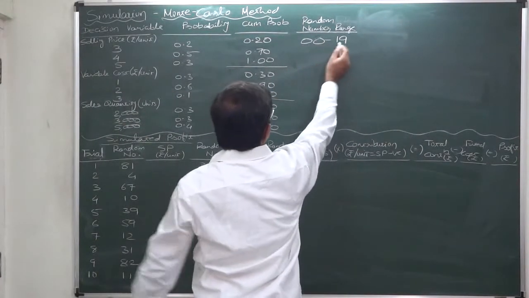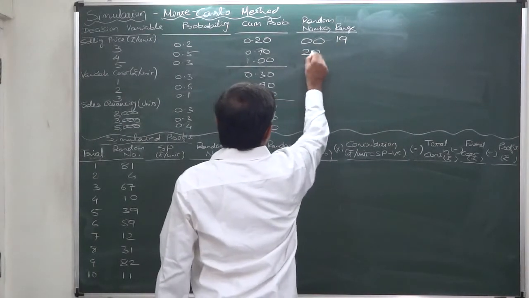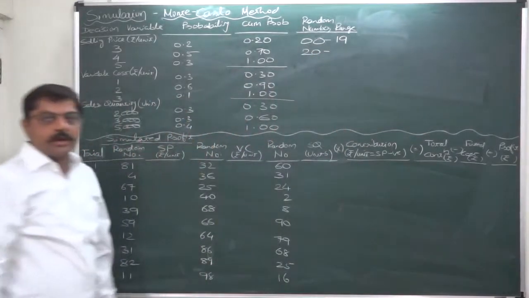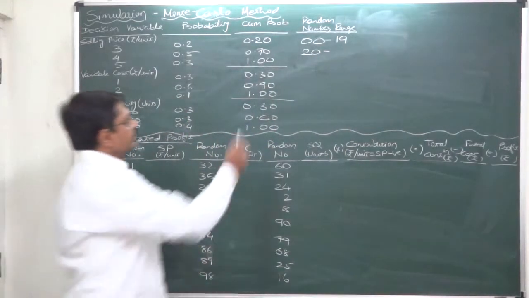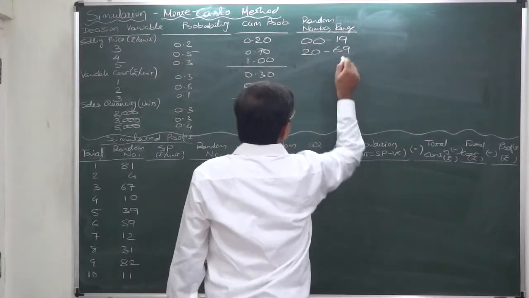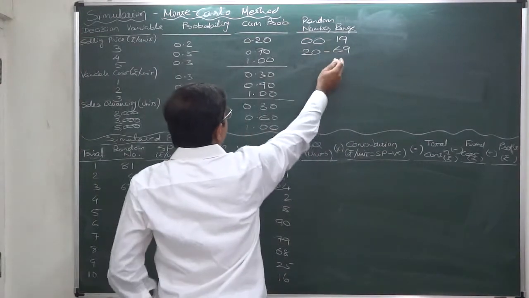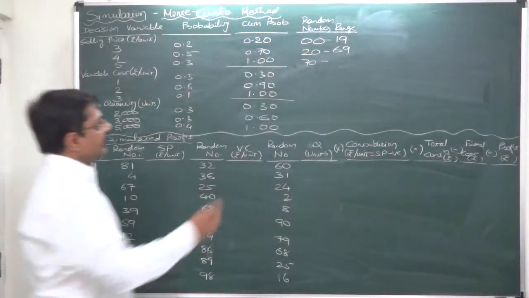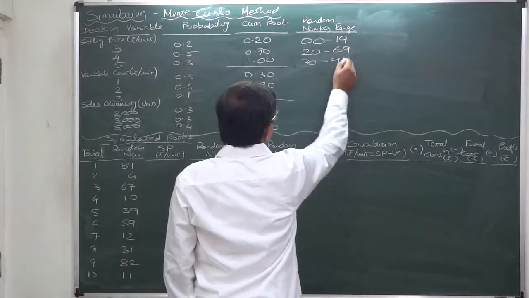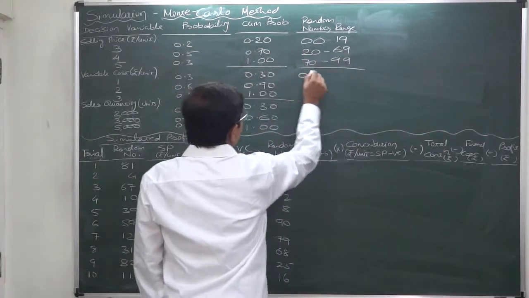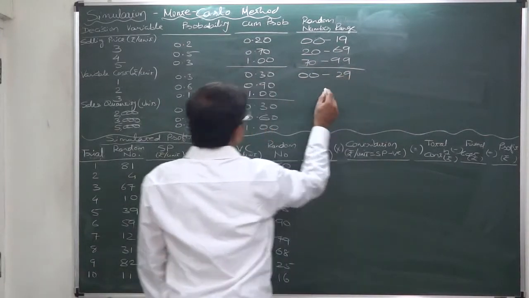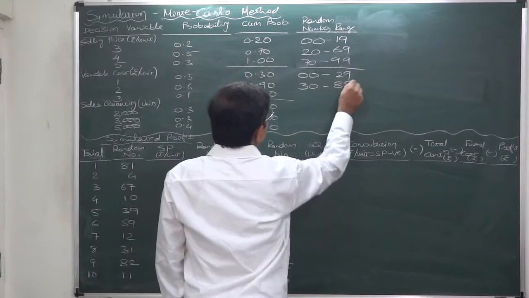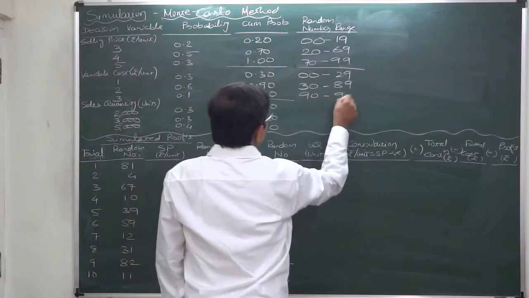Then consider 20 as the starting point or lower limit of the second range. 70 minus 1, 69 will be its upper limit. 70 will be the lower limit of the last, and 100 minus 1, 99. In this way here it will be 00 to 29, 30 to 89 and 90 to 99.